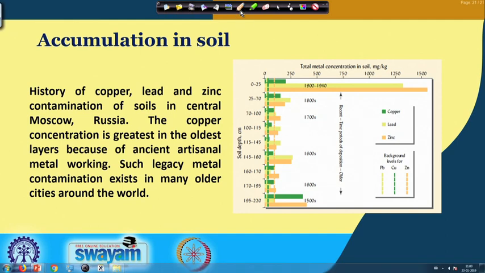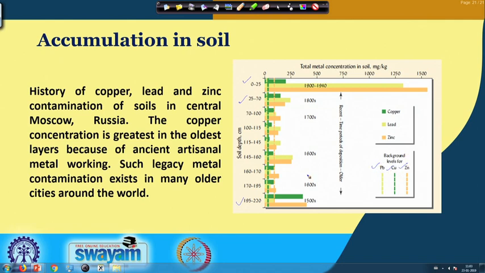Some of the trends you can see here: on the X axis are different constant depths of soil. So it is a surface soil of 0 to 25 centimeters, then 25 to 70 centimeters, all the way up to 195 to 200 centimeters or 220 centimeters. And these dotted lines show the background levels of lead, copper and zinc.